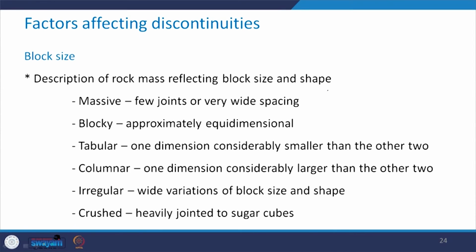You can have massive, with few joints or very wide spacing; blocky, which is approximately equidimensional; tabular, where one dimension is considerably smaller than the other two; columnar, where one dimension is considerably larger than the other two; irregular, which means all sorts of variation of block size and shape; and crushed, which means heavily jointed rocks, like sugar cubes.